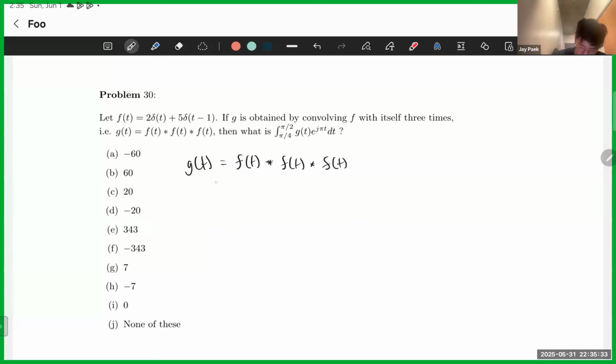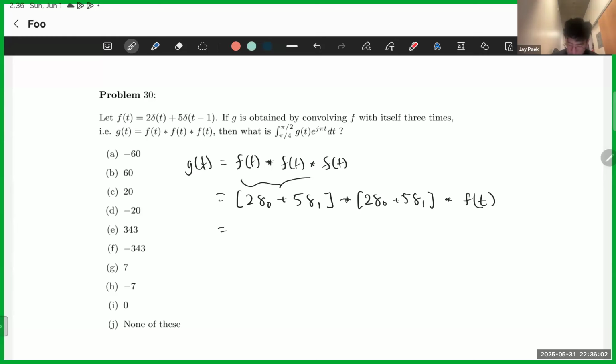So I have this. Let's take a chill pill and take it step by step. I'm convolving 2 delta at 0 plus 5 delta at 1 with itself, and then with f of t. I'll do the first two first. Remember how we convolve delta functions.